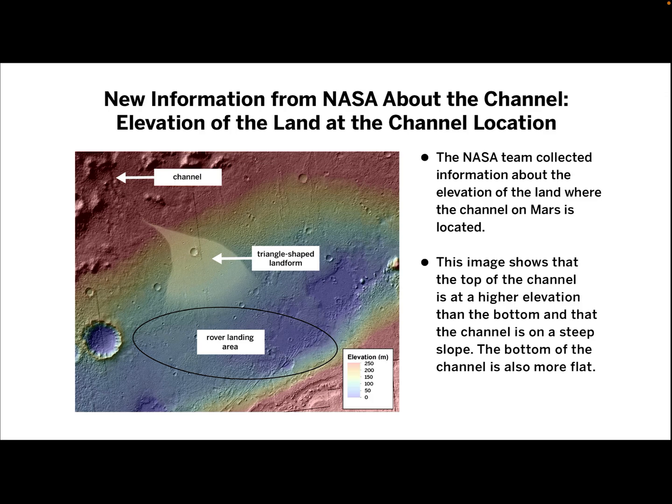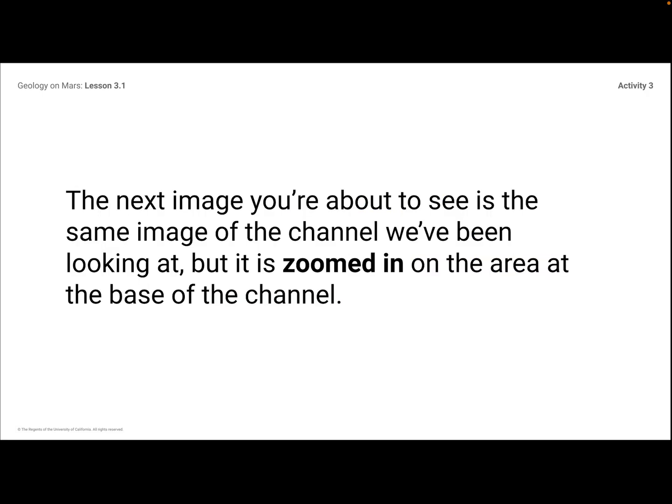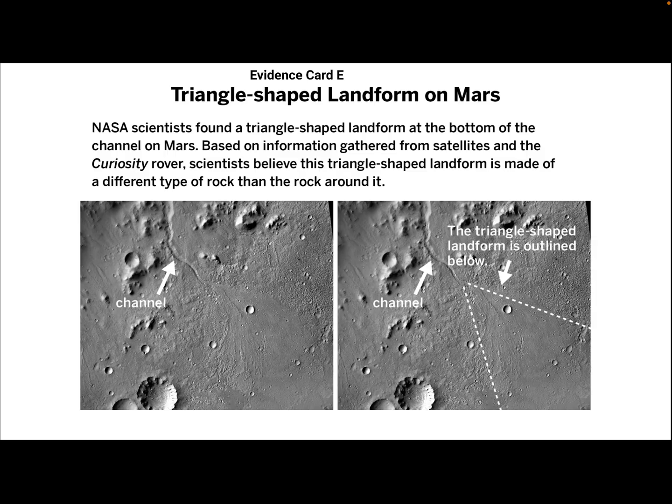And we've got this triangular shaped landform right there. And it looks to be a different color than what is surrounding it. And in fact, the next image you're about to see is the same image of the channel that we've been looking at, but it's zoomed in on the area at the base of the channel. So the kids got this evidence card E, and it shows, listen to this.